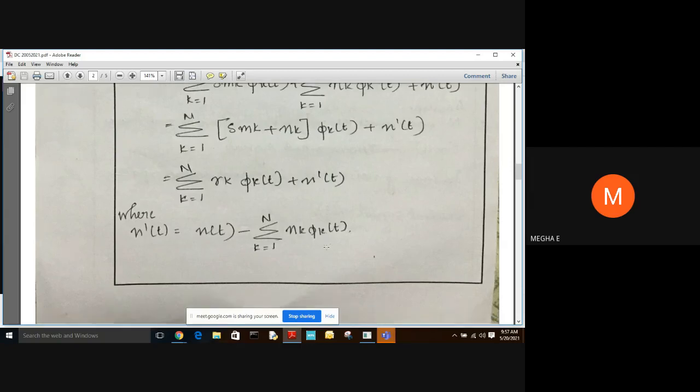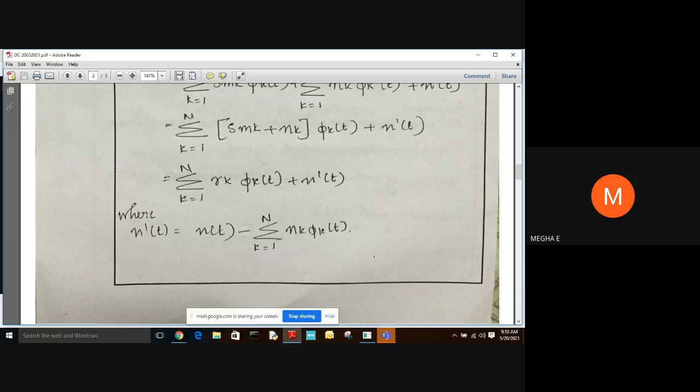Here this n dash of t is a zero mean Gaussian noise process that represents the difference between the original noise component n of t and the part corresponding to the projection of n of t on the basis function phi k of t.